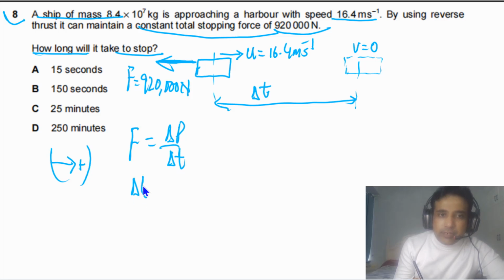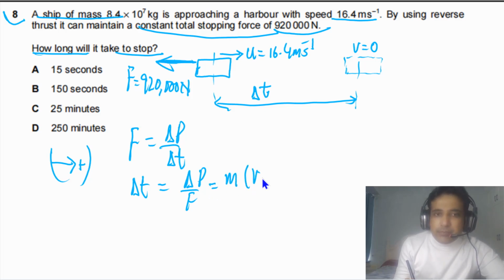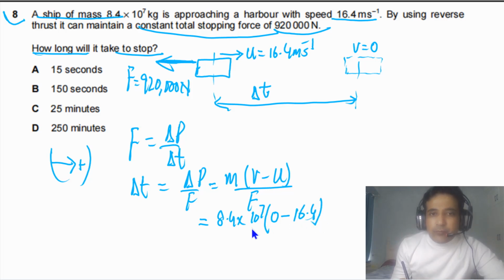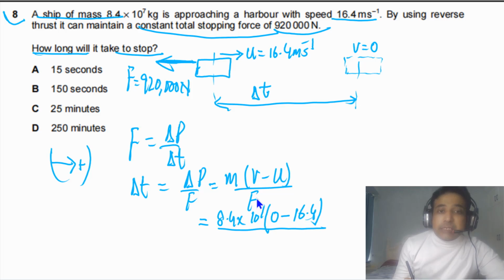So we can rearrange: delta t will be equal to delta p divided by F. Delta p is m times (v minus u), over F. So we have the value of mass, which is given to us, equal to 8.4 times 10 to the 7, and v is equal to 0, and u is to the right, so this is positive, and the value of u is 16.4. But force in this case is negative because force is acting to the left, so we have to use a negative sign here.